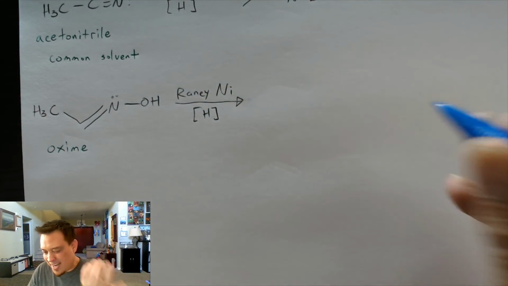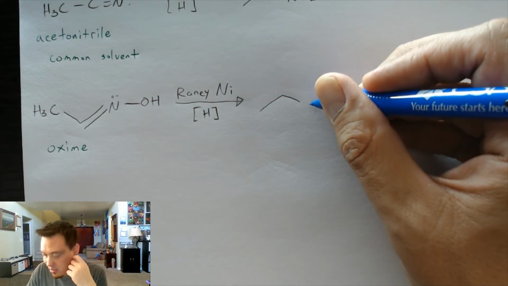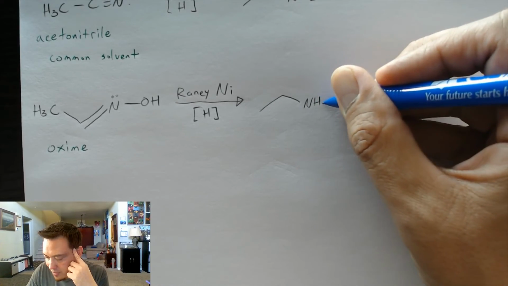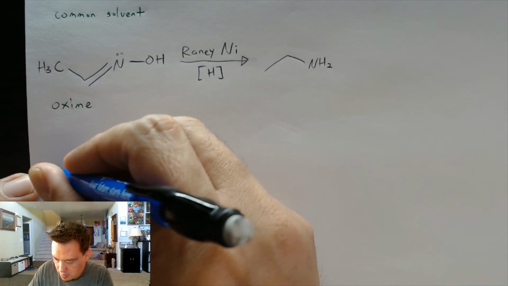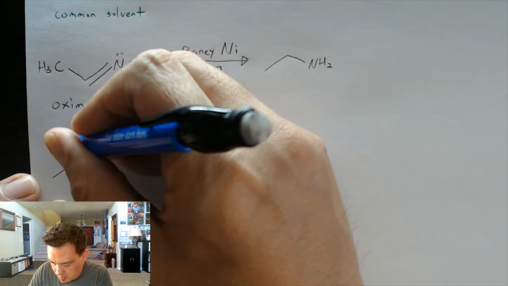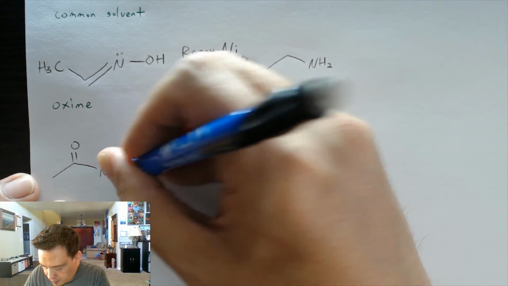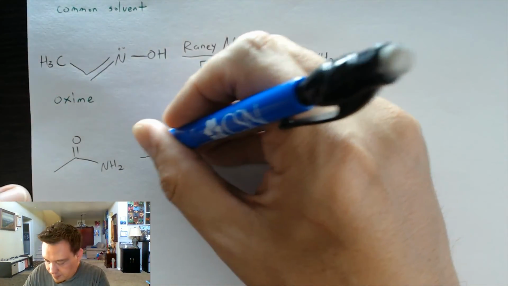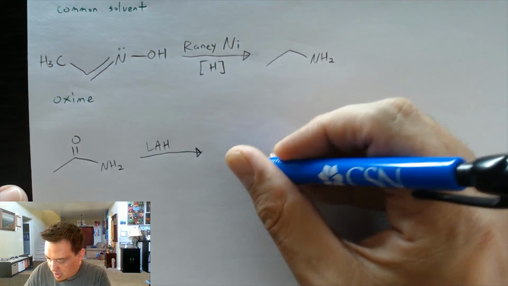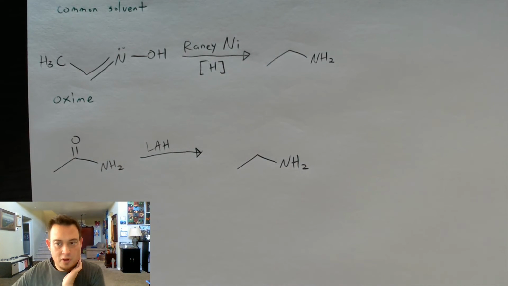Raney, basically, it kind of means it's granular. So this is the type of nickel it is. The grade of it, essentially. All right. And we saw this one earlier today, LAH. And these are all making ethylamine for all of these.